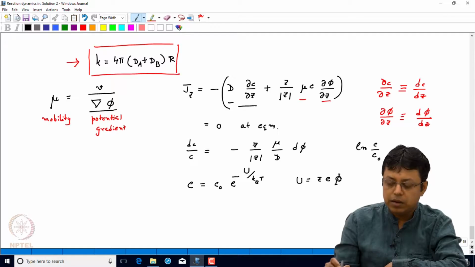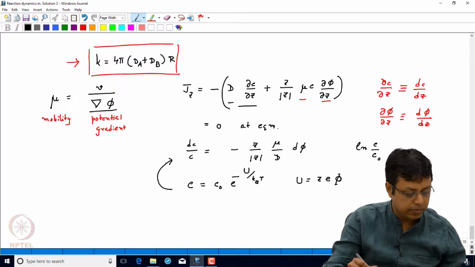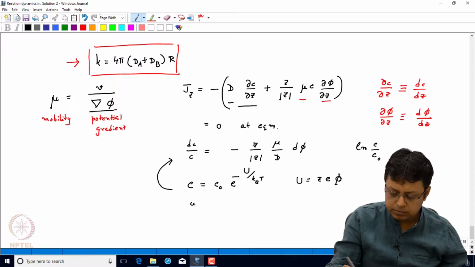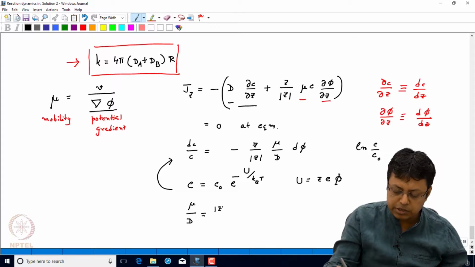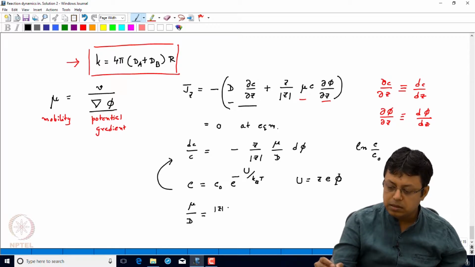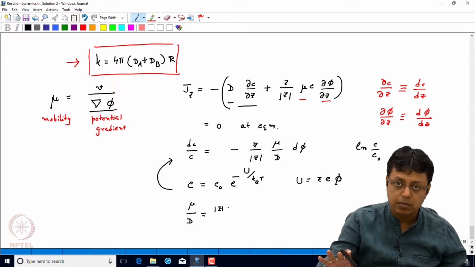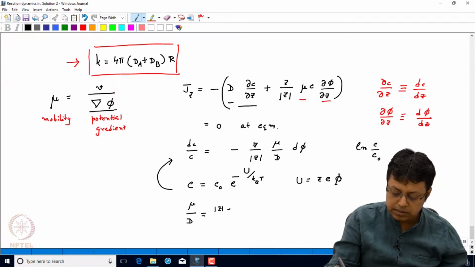And then what we can do is that we can substitute this value into this equation, and if we do that, you will get mu by D, which gives you an estimate of the connection of the diffusion coefficient with the mobility, because remember that one part is coming from the mobility or the electrostatic, the other part is coming from the diffusion coefficient, and what we did is basically kept a ratio between them.